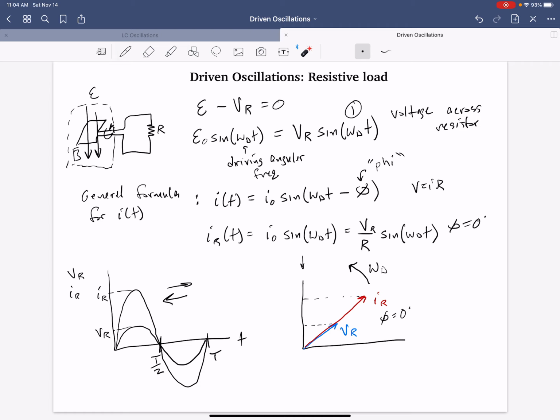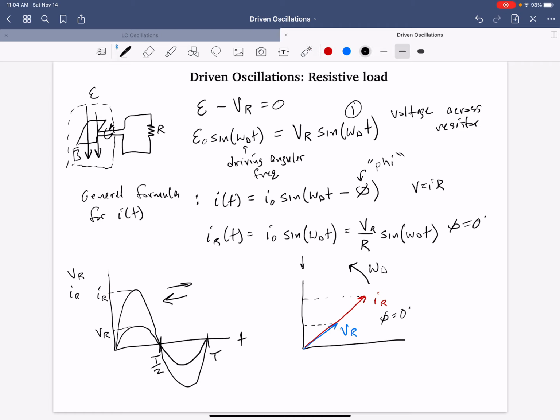It's not quite to scale, apparently. But this height should be the same when that blue phasor is crossing pi over 2. Same thing for the current. When this red current phasor comes up here and crosses pi over 2, that height should be the same as the amplitude of its plot over here.